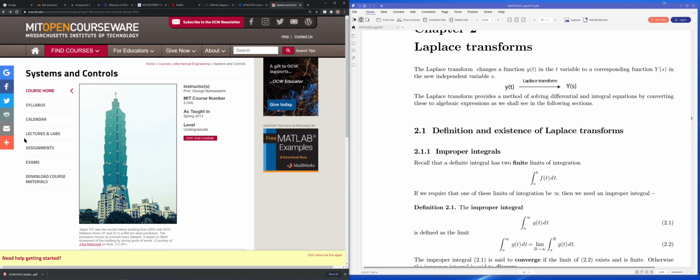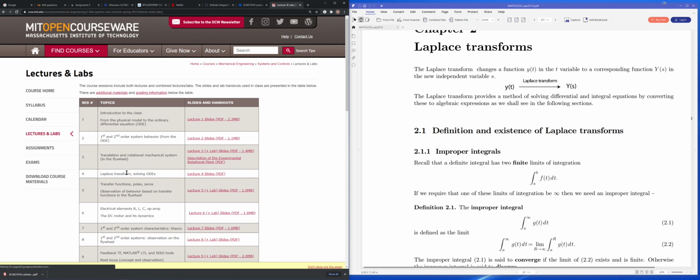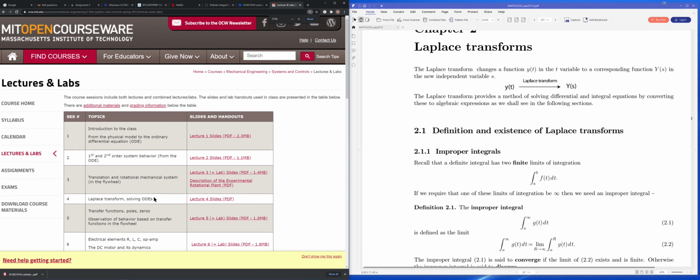Let's see over here, if we take a look at the lectures, you want to notice that at some point, when they introduce the controls course, they start talking about differential equations, ordinary differential equations, abbreviated as ODE. And they start looking at Laplace transforms in probably their fourth lecture.